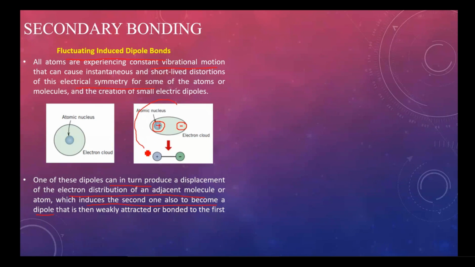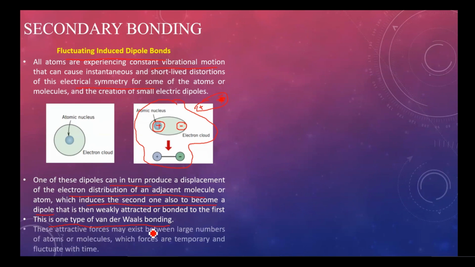So this process, which occurs for a certain period of time, in turn creates another dipole in the neighboring atom, thereby having a van der Waals force or van der Waals bonding created between the two atoms. These again are temporary and they fluctuate with time. So this is an important aspect of the fluctuating induced dipole moments.